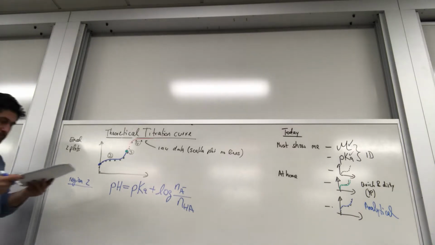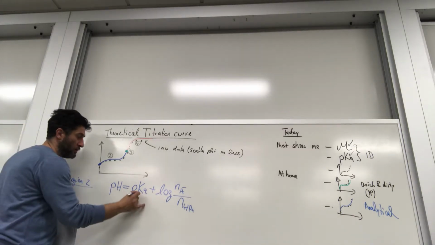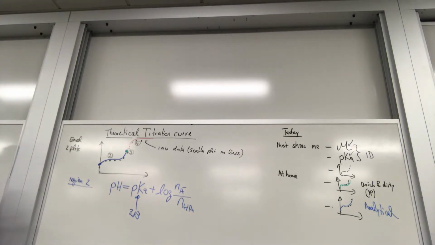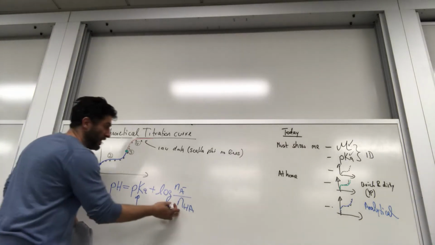Now, this one in our example was 3.83. We determined this. How do I get the moles of A minus, and how do I get the moles of HA?